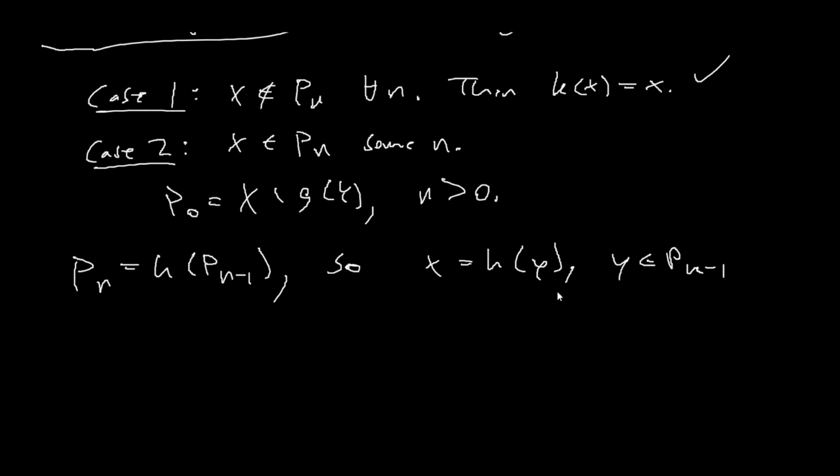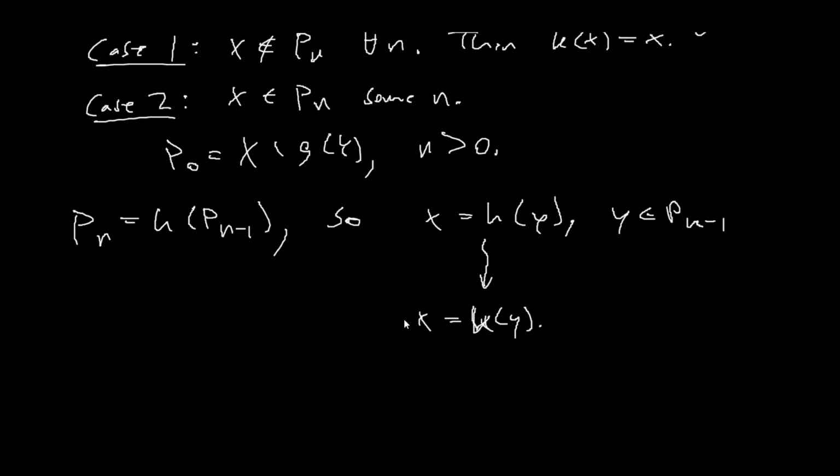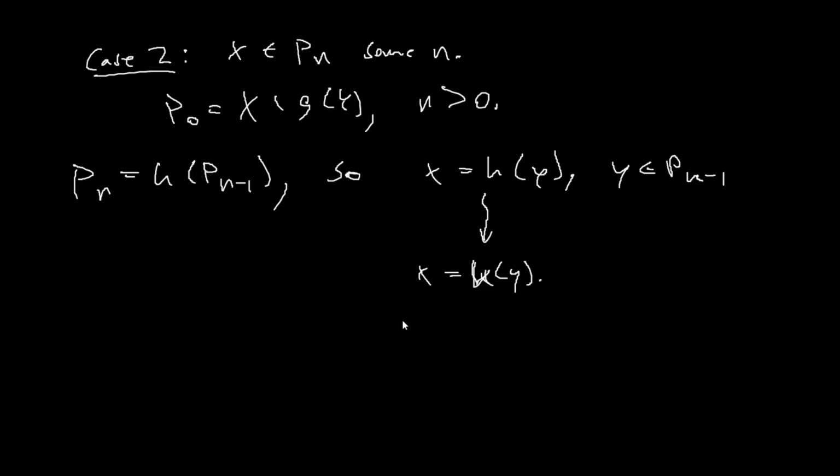But then by definition of K, that just means x equals K of y, and so x is again within the image of K. And so this covers all two possible cases.